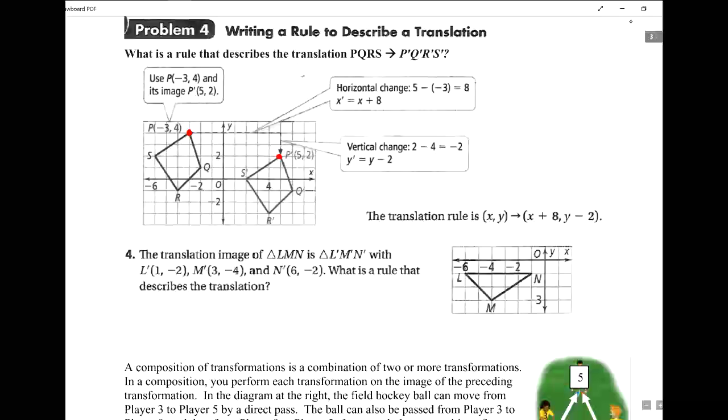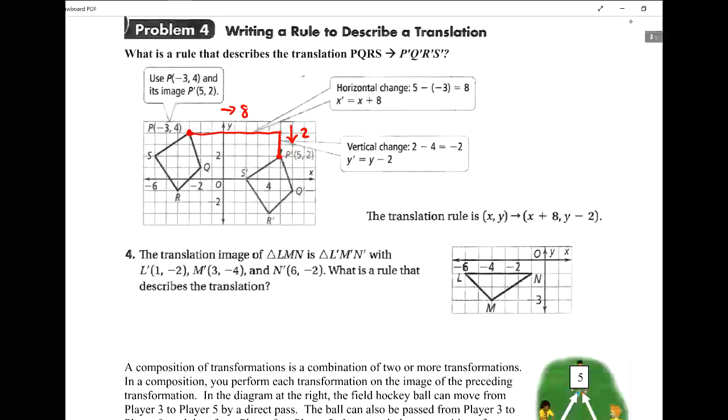Now there's a couple of ways you can do this. I'm a big fan of counting if you have a nice graph. So we move in the x direction and we move in the y direction to get here. So it's 1, 2, 3, 4, 5, 6, 7, 8. We move 8 in the positive x direction and down 2 in the y direction.